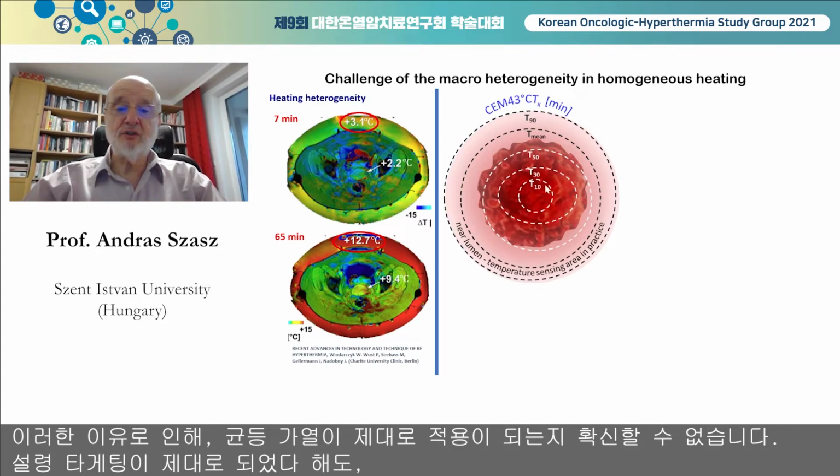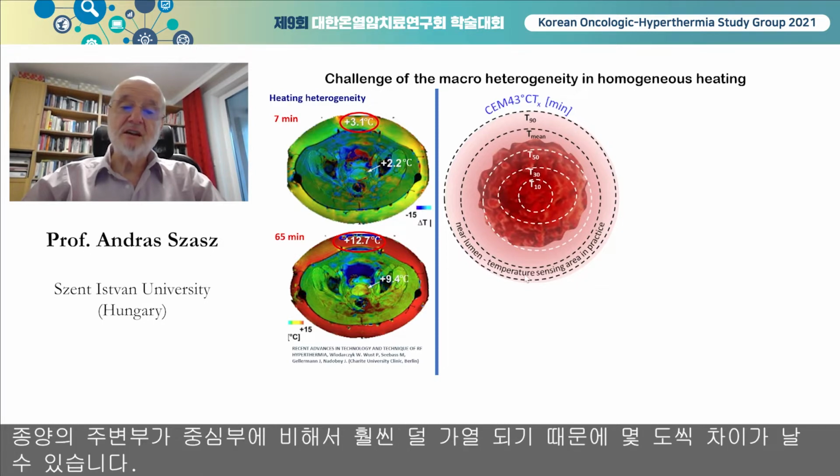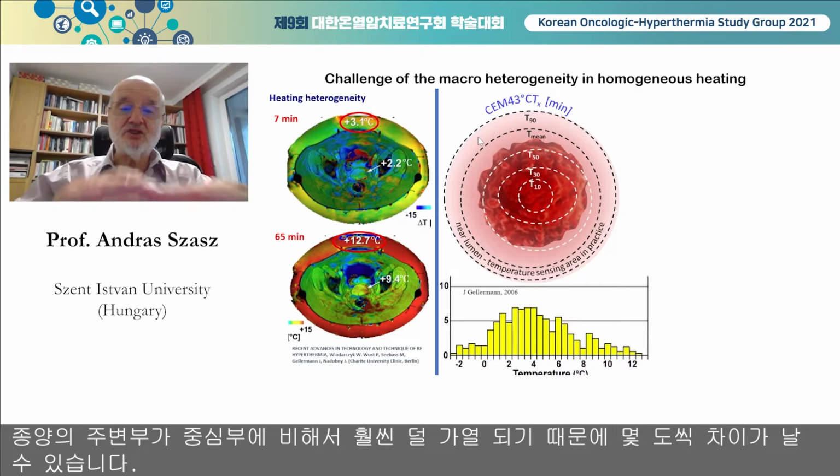Even if it is focused, in the focus we have a certain temperature in 10% of the tumor mass, 30% of the tumor mass has less temperature, 50% even less, and the mean will be around the tumor. This heterogeneity shows temperature changes from the center to the border, maybe a few centigrade.